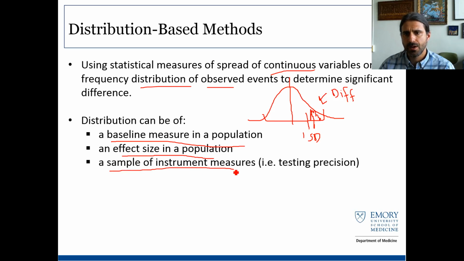And then you could also look at the distribution of an instrument of measure, which is more or less testing the precision. So for example, you could take my serum cholesterol and measure it 1,000 times roughly around the same time of day, and see my average variation, and use that to help distinguish what is reasonable or normal variation, and what is outside of that variation according to the instrument's precision.